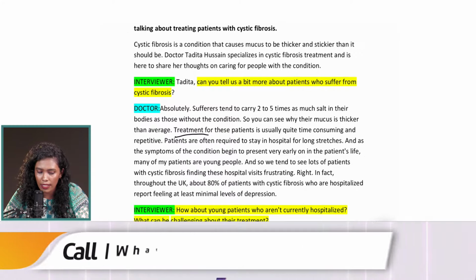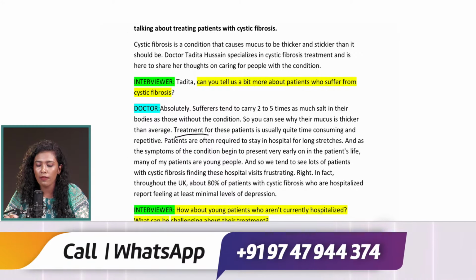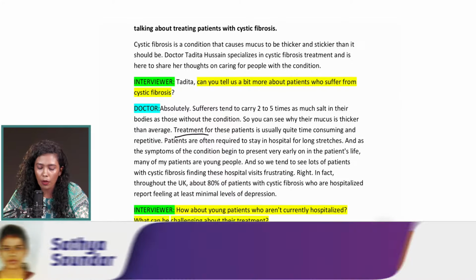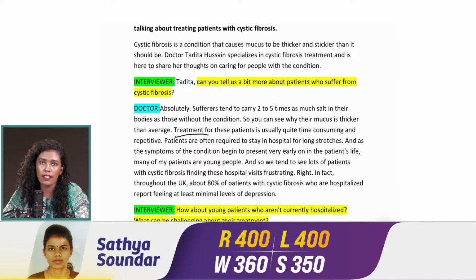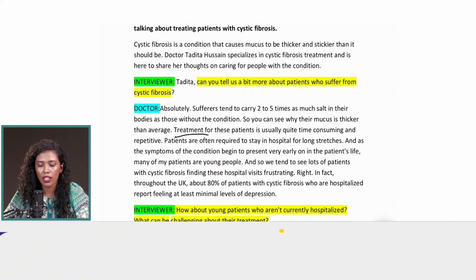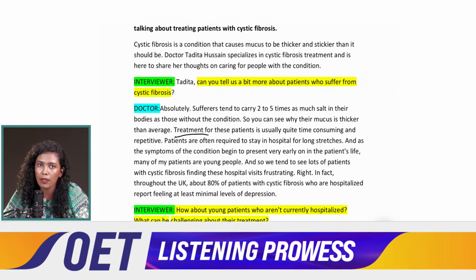In the next sentence we can see the symptoms of the condition begin to present very early on in the patient's life, and many of the patients are young people. So it is really important for them to start the treatment at an early age, which is why it is mentioned that the condition is there from the patient's early life. Many patients are young people, and they tend to require treatment even though that might be frustrating.